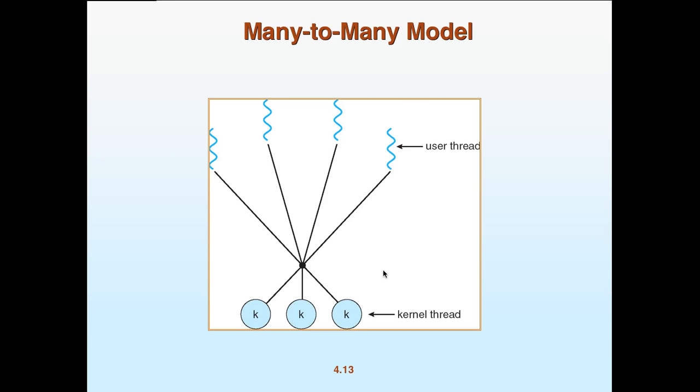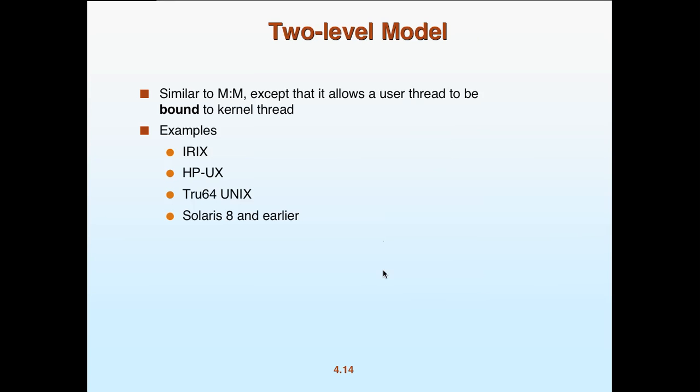Well, what about the execution of programs? You have the same types of issues that might show up in that case. Some examples: HP-UX and Unix Solaris 8 and earlier versions tried to do a two-level model. Keep in mind, these are earlier versions of Unix, not Linux, because this was pre-Linux days.